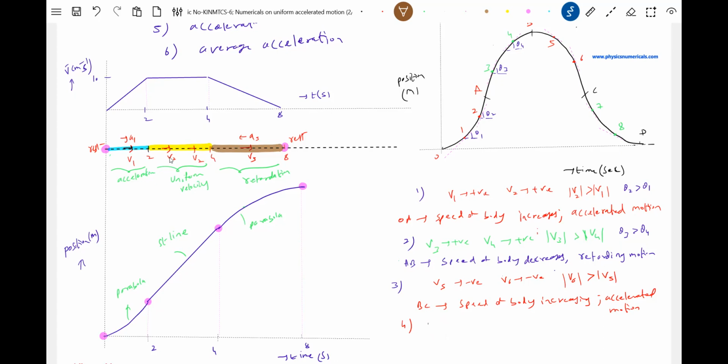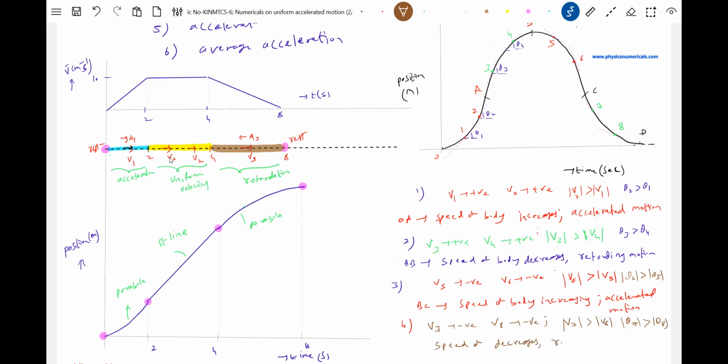So for this part we can write V7 is negative, V8 is negative, and magnitude of V7 is greater than V8. Theta 7, and similarly here theta 8. So the magnitude of slope decreases, and the speed of the body decreases.